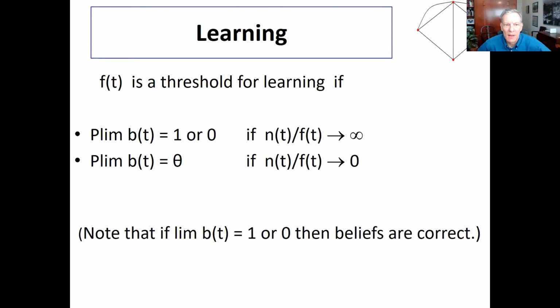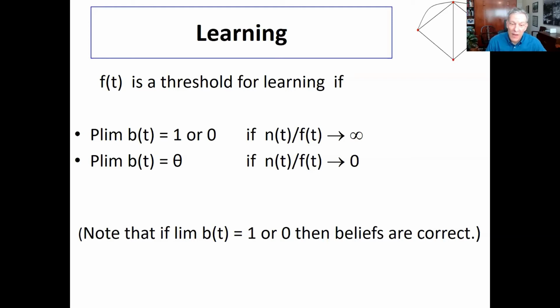So we'll say that f of t is a threshold for learning if when the relative number compared to f of t of chains I have is large, then my beliefs are going to converge almost surely to 0 or 1. So I'm going to be able, as a Bayesian, to learn completely. So my beliefs will be correct and I will understand what the state is.